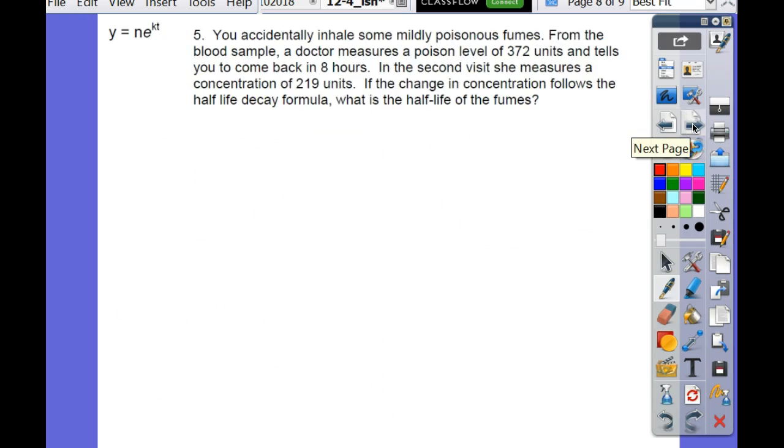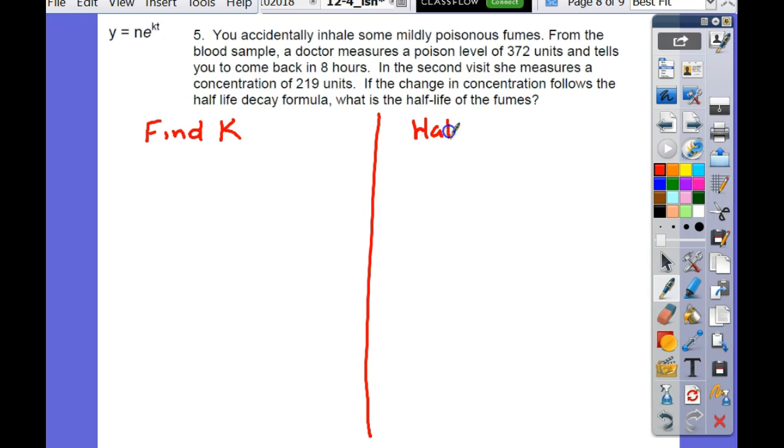Uh-oh. In this problem, you've been exposed to poisonous fumes. Are you going to make it? Let's find out. But first, as in all of our other problems, we have to find K, and then we're going to find the half-life.